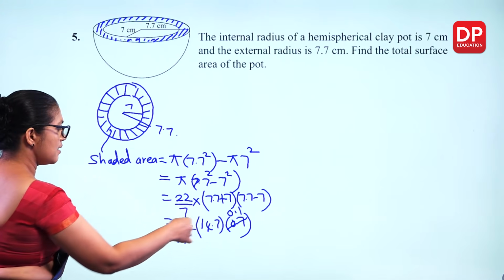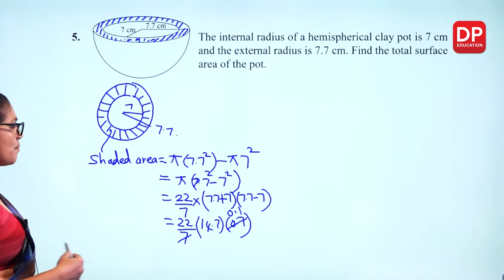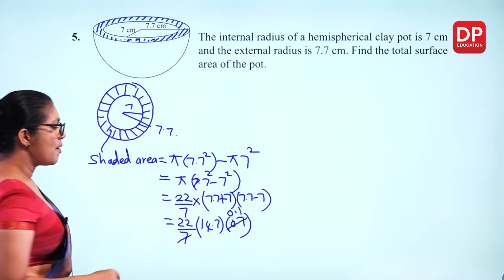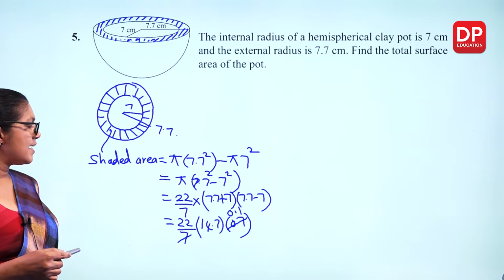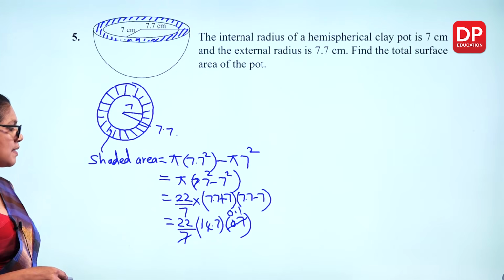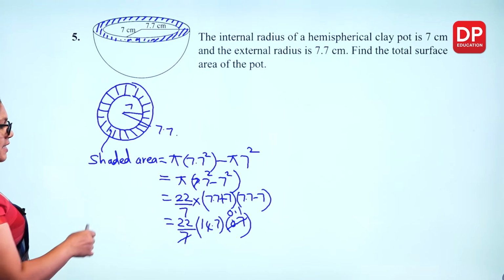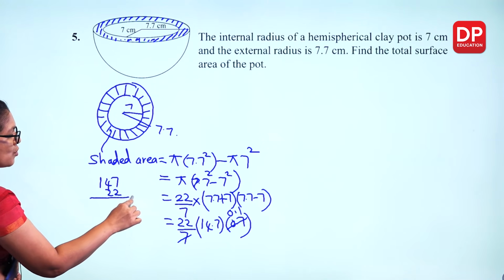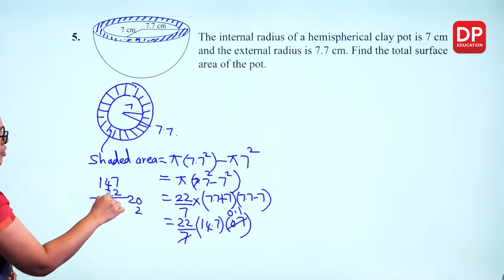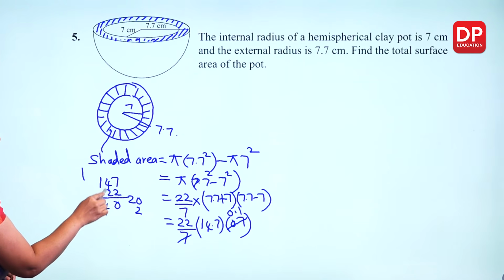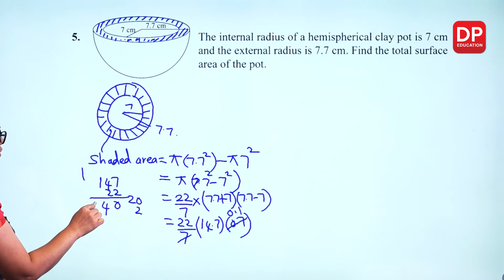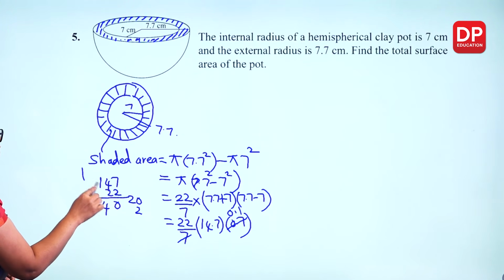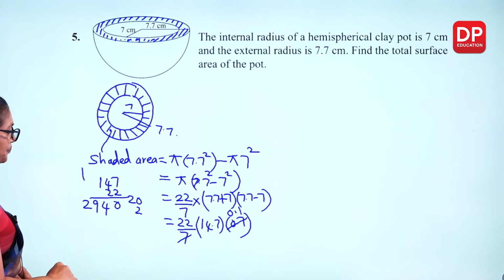And what else? So we need to multiply 22 by 147 and put 2 decimal places. So we'll multiply 147 multiplied by 22, 20 and 2. 2 times 7, 14, 1 remaining, 2 times 4, 8 plus 1, 9, 2 times 1, 2.